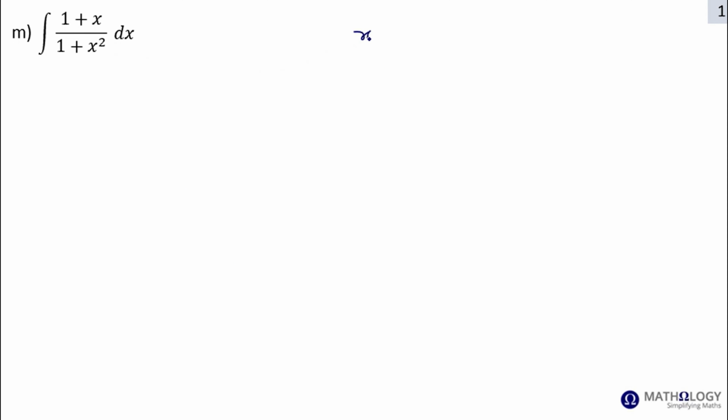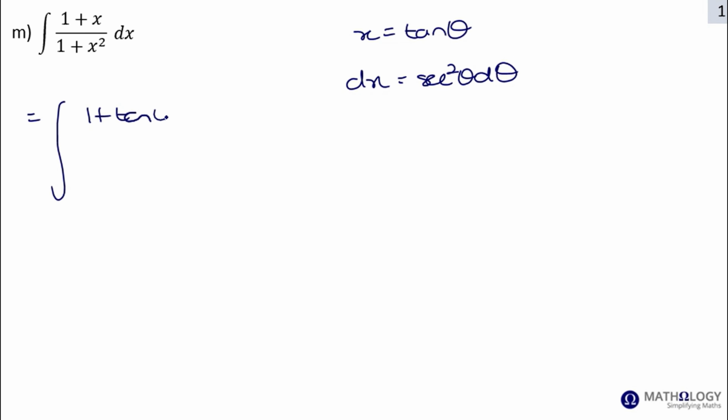We're going to let x be tan theta, so dx equals sec squared theta d theta. So we have the integral of 1 plus tan theta over 1 plus tan squared theta times dx, which is sec squared theta d theta.